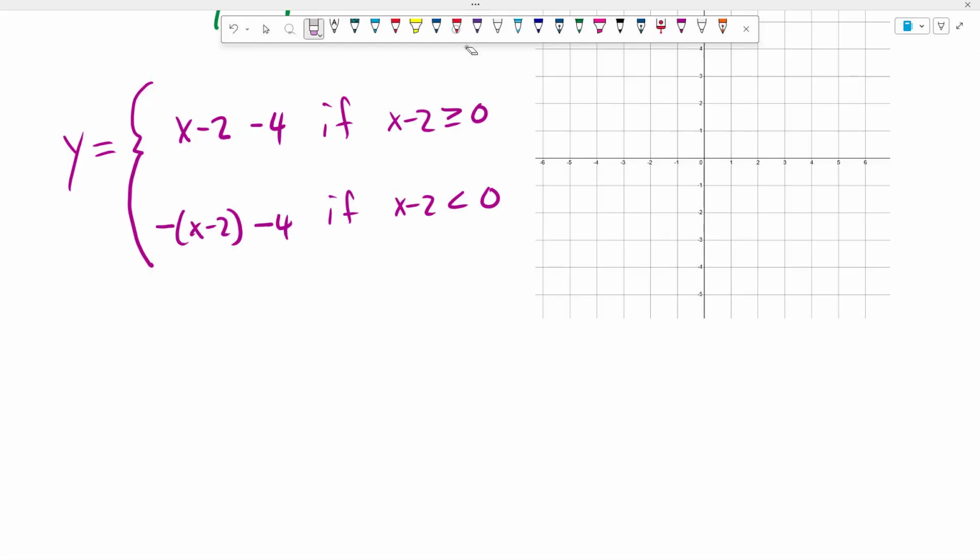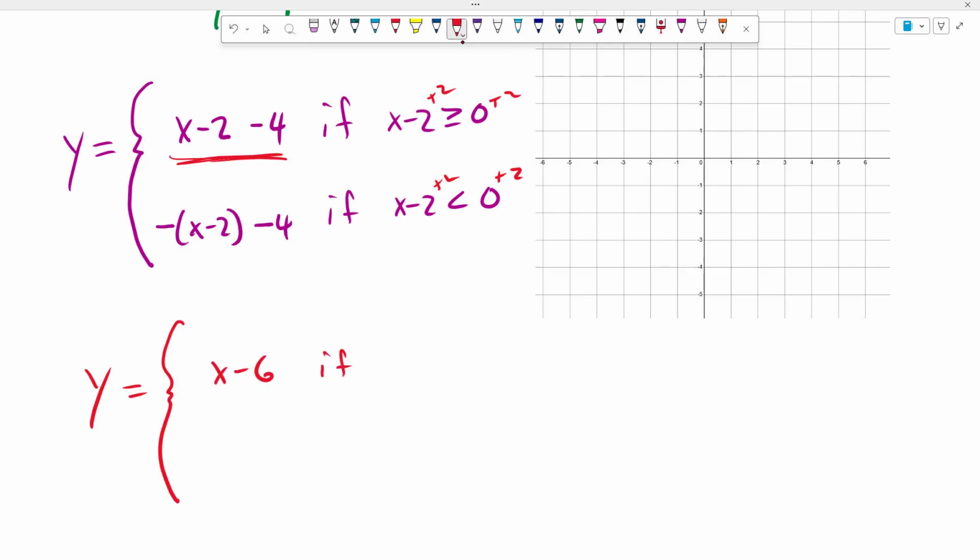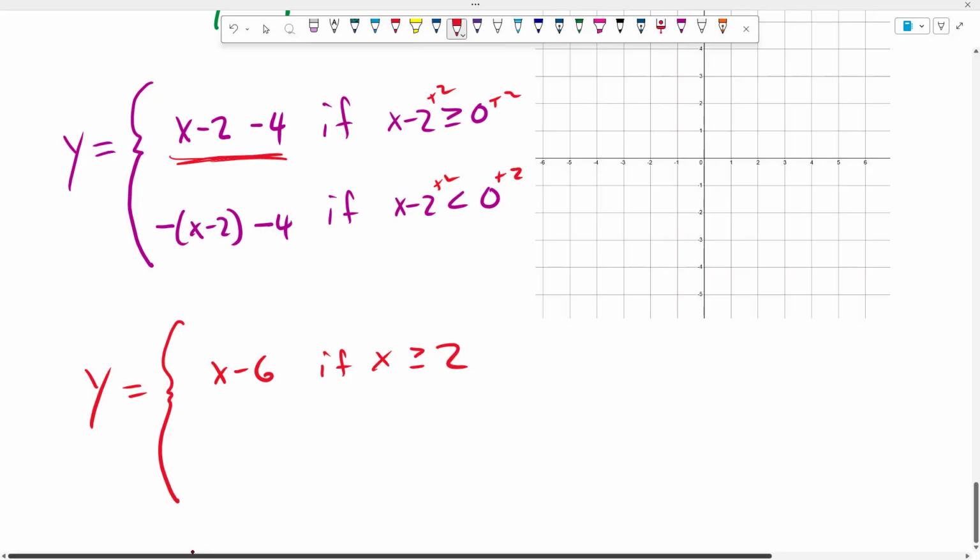And now let's add 2, plus 2, plus 2, plus 2. And then let's combine like terms here. We get x minus 6 if x is greater than or equal to 2. And negative x plus 2 minus 4, is that minus 2?